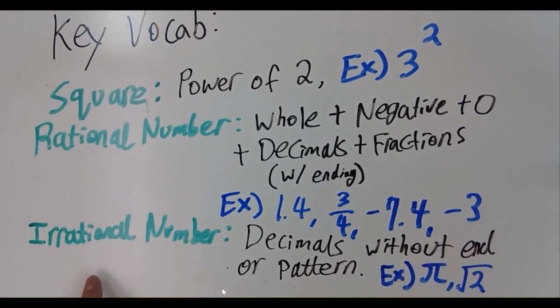Then there are also irrational numbers, which are decimals without end or pattern. The most famous examples of irrational numbers are pi and square root of 2. If you plug these two numbers in a calculator, you'll find that pi is 3.1415 and so on, without any specific pattern or ending.